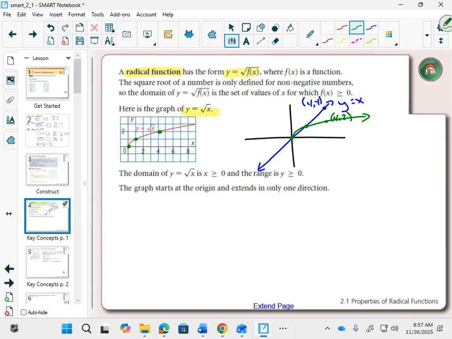Anytime my y values were between 0 and 1, notice the green graph is slightly above my original graph. Because square rooting a number between 0 and 1 produces a result that's a little bit bigger. And then anywhere where my original graph was bigger than 1, square rooting makes it smaller. So my green graph is below my blue graph.